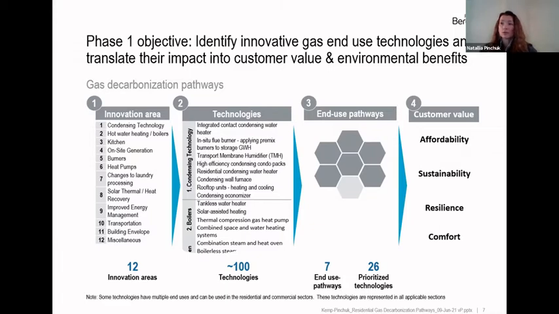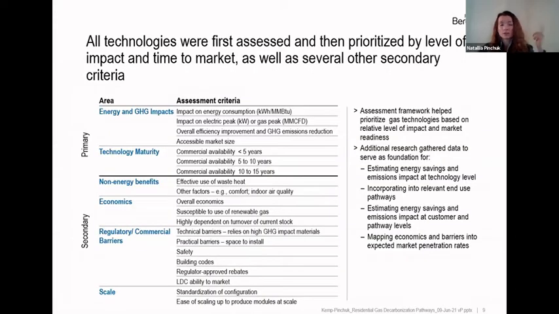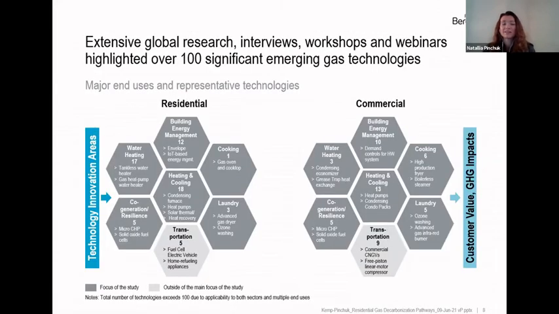If we could go to the next slide, you see the end uses that we identified and corresponding technologies that we prioritized. I'll give a few examples and I'll explain how we did the prioritization on the following page. But basically, let's go back to the previous slide for just 1 second.